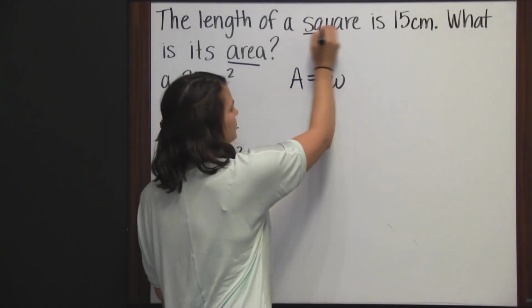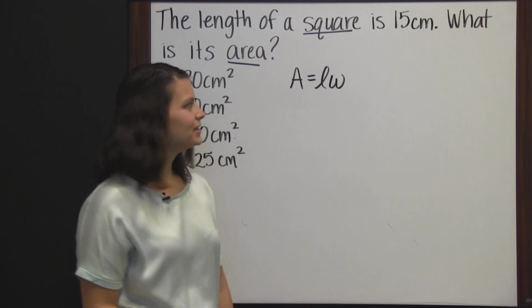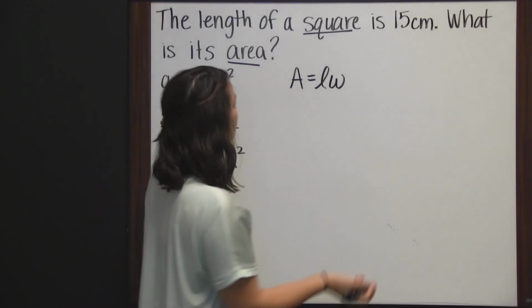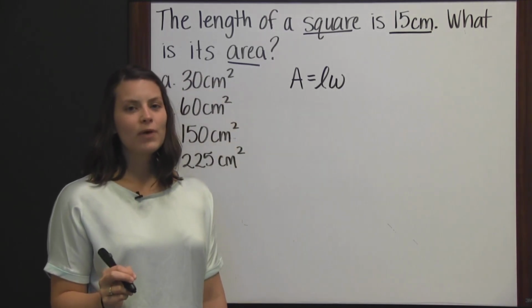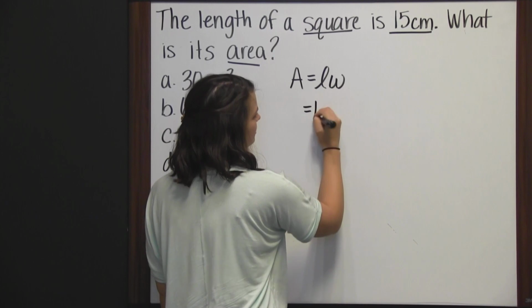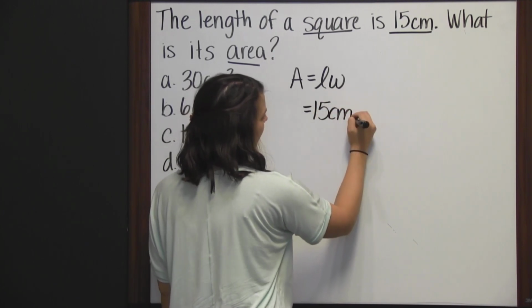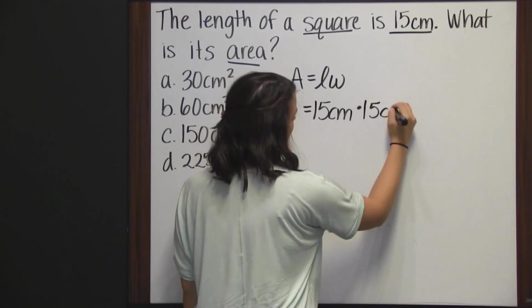But what's special about a square is that its length and width are the same. So if we're told that the length is 15 centimeters, then that means the width is 15 centimeters as well. So we substitute 15 centimeters for the length and 15 centimeters for the width.